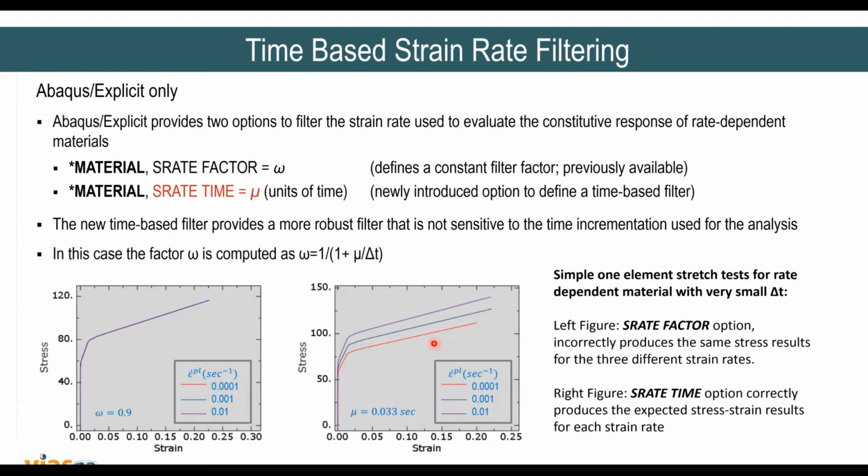This represents a simple one-element stretch test for a rate-dependent material with very small strain and a very small time increment. Here the new option is sensitive enough to show you the strain rate sensitivity with the different strain curves, whereas with the old option, you cannot really distinguish between these two strain rates.